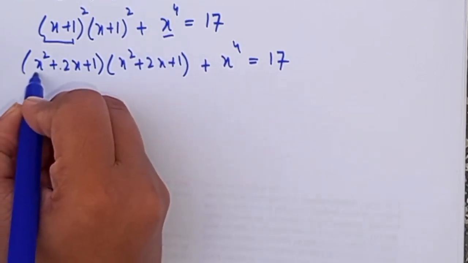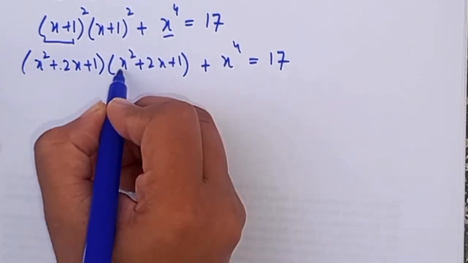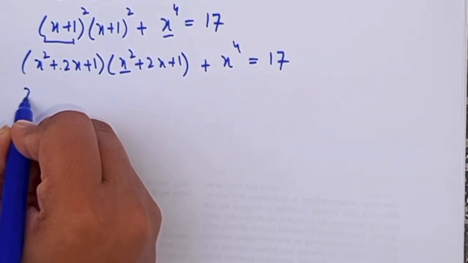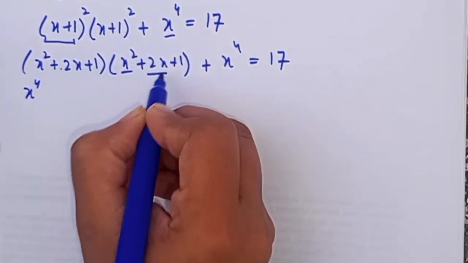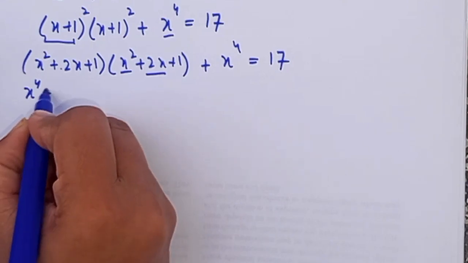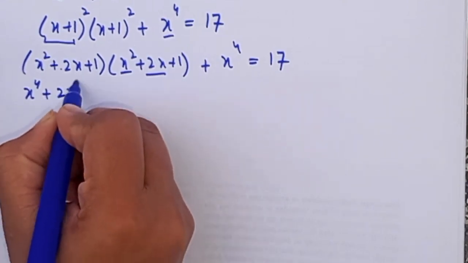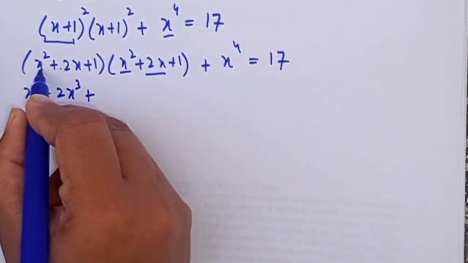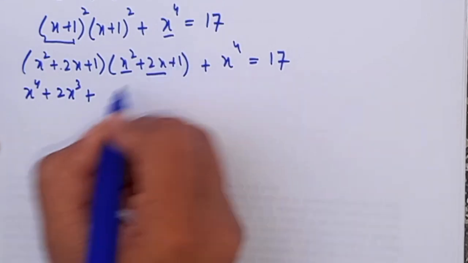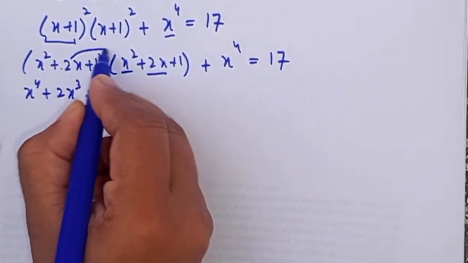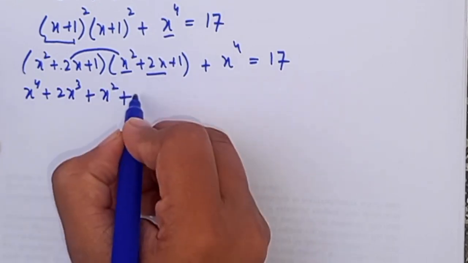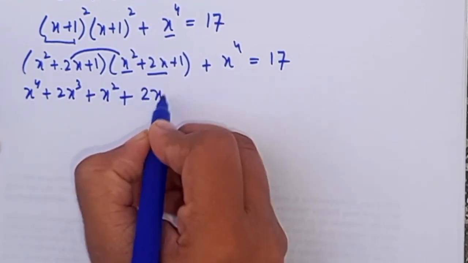Now in the next step we multiply these two values. Multiply x^2 by x^2, we get x^4. Multiply x^2 by 2x, we get 2x^3. Multiply x^2 by 1, we get x^2. Now multiply 2x by x^2, we get 2x^3.